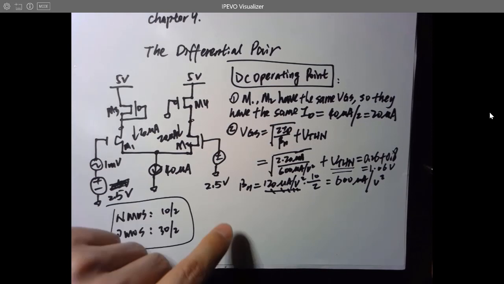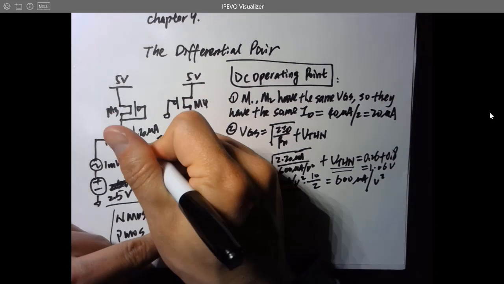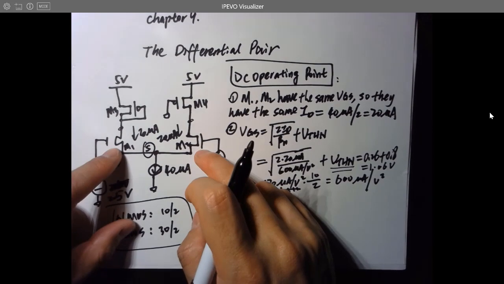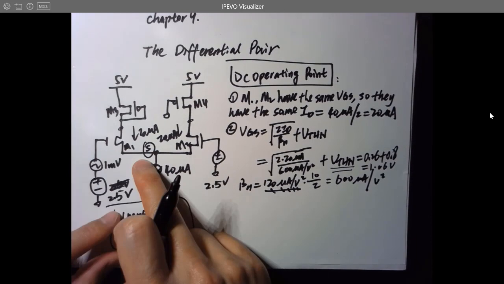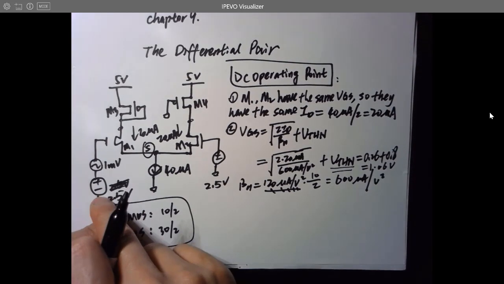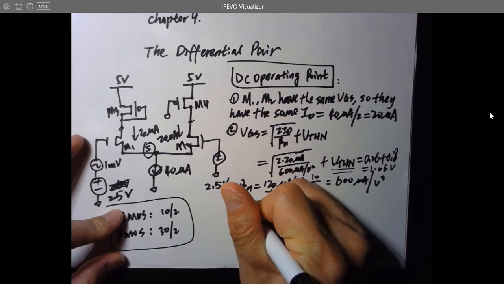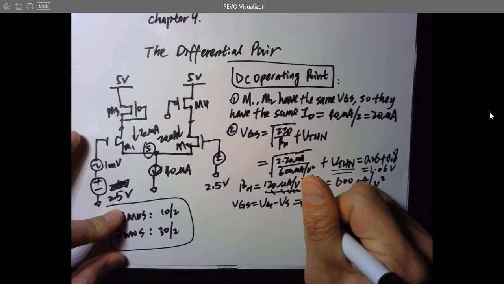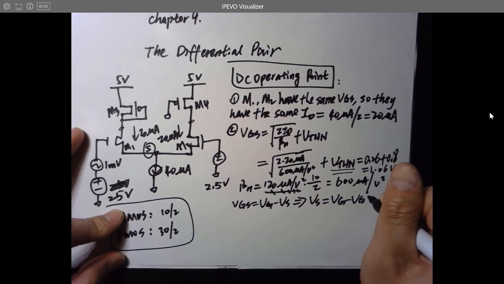If we know VGS, we can calculate VS because that's a terminal S over here being shared by these two NMOS transistors. We know VG, we know VGS. So what is VS? Because VGS equals VG minus VS, so VS equals VG minus VGS, right?